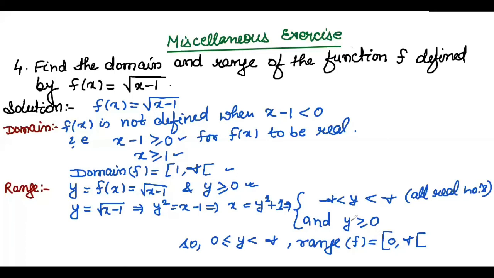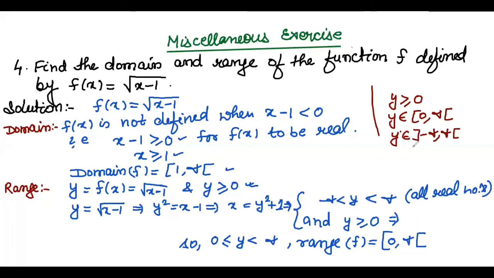So we have to include both the conditions and take the intersection of these, means the common part. So y greater than or equal to 0 means y belongs to 0 to infinity, and when we take y belonging to minus infinity to infinity, all real numbers.